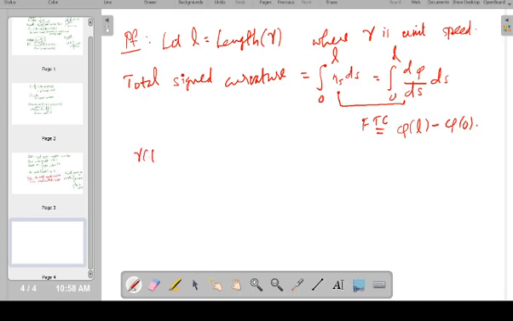Now gamma dot of t equal to cosine phi t. Let me remove this t and use the letter s. Gamma dot of s equal to cos phi s comma sin phi s.